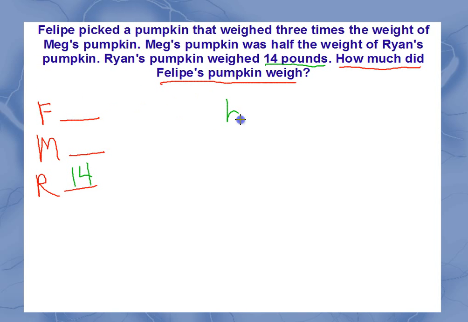Half means that we are going to divide by 2. So dividing by 2 gives us 14 divided by 2 is 7. So Meg's pumpkin weighed 7 pounds. Okay, so half, that's the key word in that.